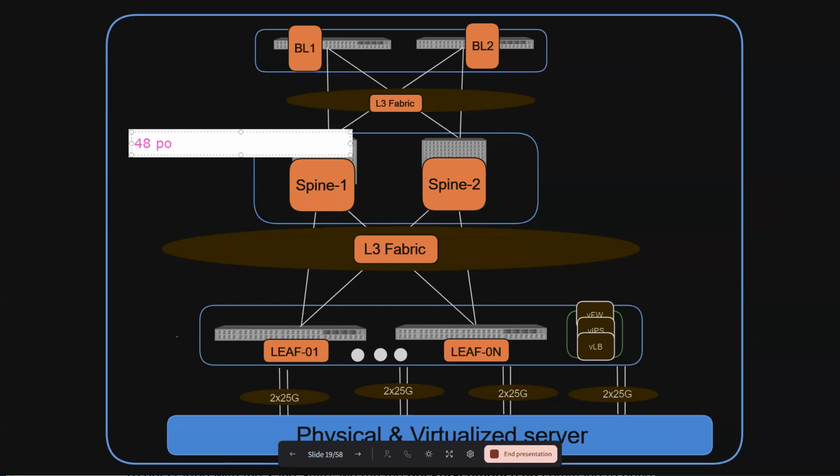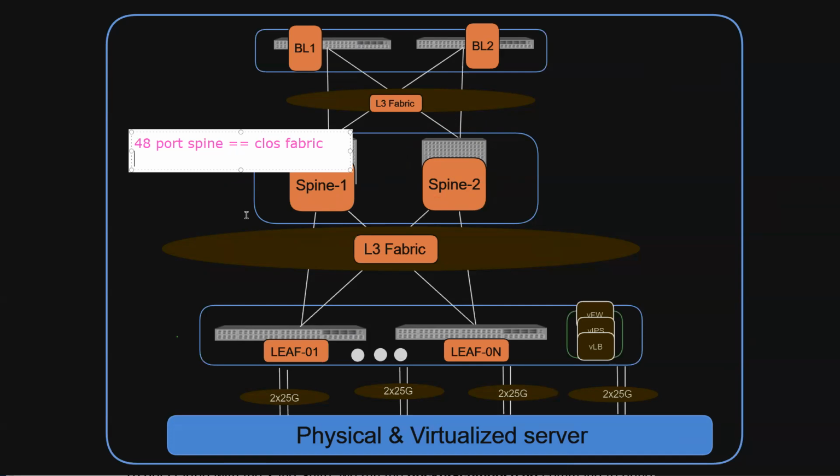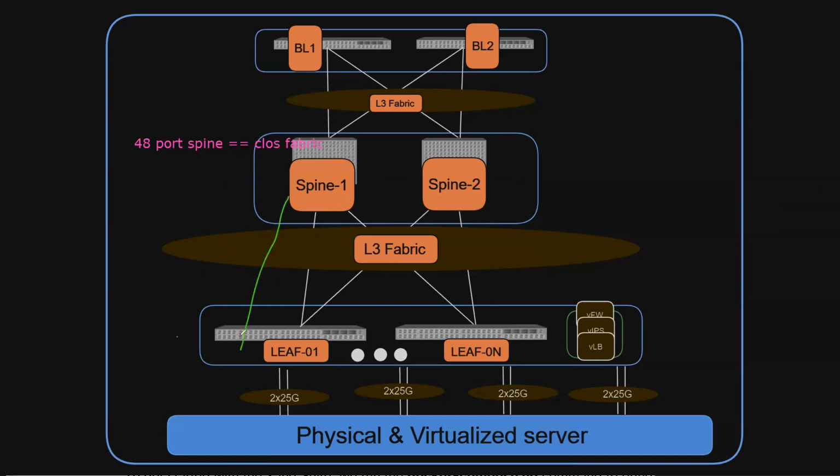The leaf-spine structure, or the Clos fabric, is like this: all leaves should connect to a spine. You can see the connectivity. All the leaves should connect with the spine. There is no connectivity between a spine and a spine, right? All leaves should connect to a spine.